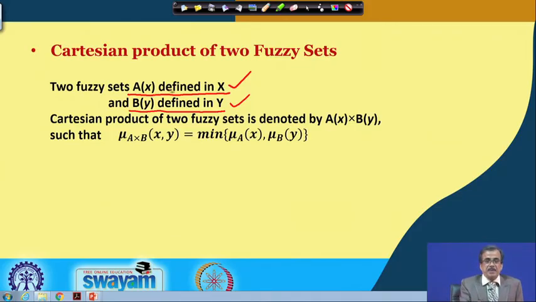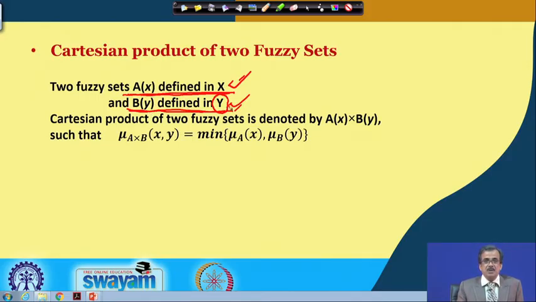A(x) might be the set of temperatures in a month for the first few days, and B(y) could be the collection of humidity values of a particular place, where y is the collection of all humidity values. So, I have got two universes of discourse, one is x, another is y, one could be temperature, another could be humidity, and A(x) is defined in x and B(y) is defined in y.